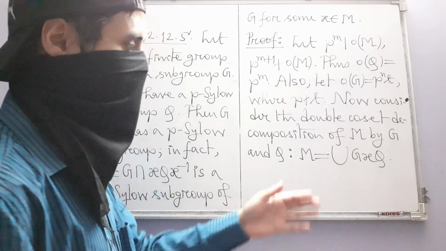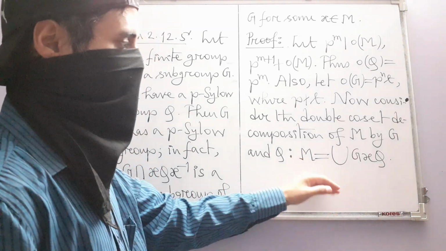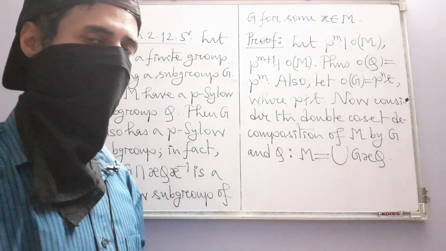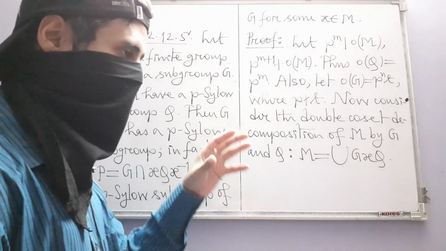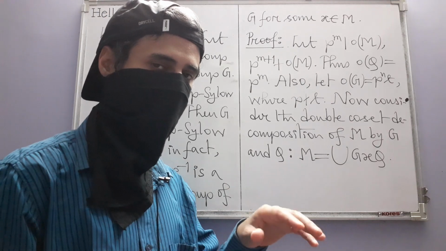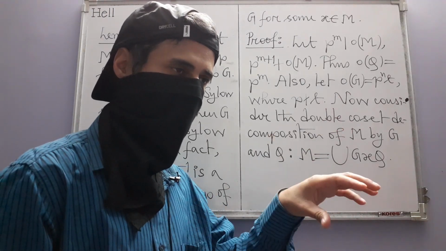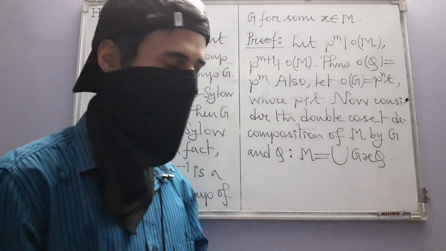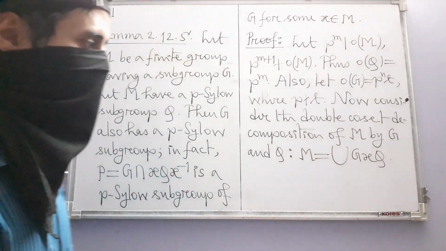You already know these things, what we normally do when we have an equivalence relation on M. We write that set as a union of distinct equivalence classes. So that's what we are doing here.